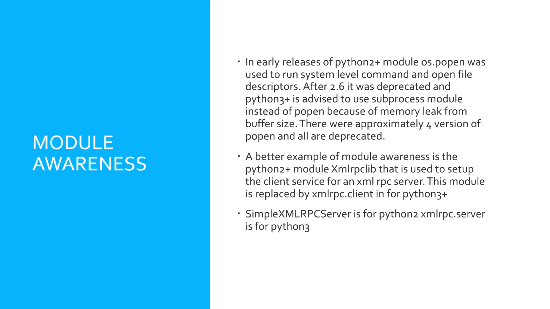Another example of module awareness in going to Python 3 is things of this nature, where modules are pretty much the same, but they get a namespace change, meaning that the module name changes. So when you try to import, say for instance, this module that I'm accustomed to using, which is xmlrpclib, it had changed, right?